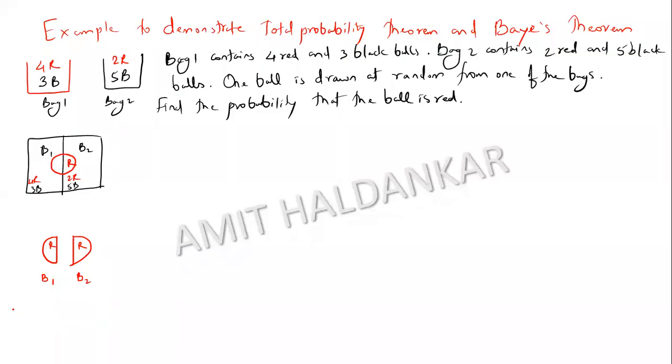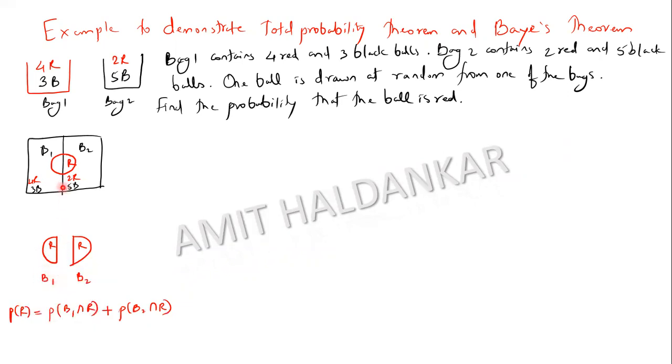I can write it this way: probability of getting a red ball is equal to the probability that I select bag B1 and I get a red ball, or I select bag B2 and I get a red ball.